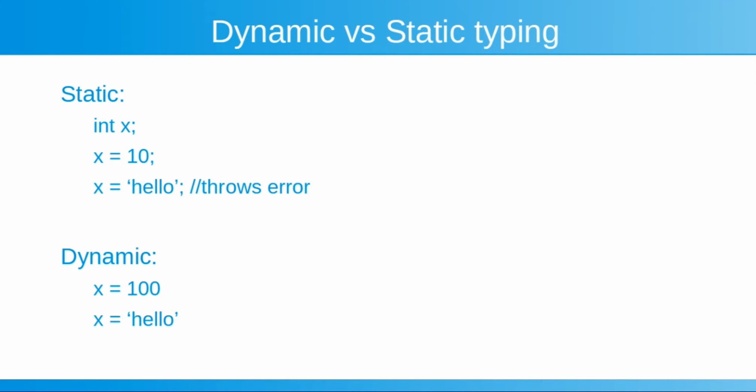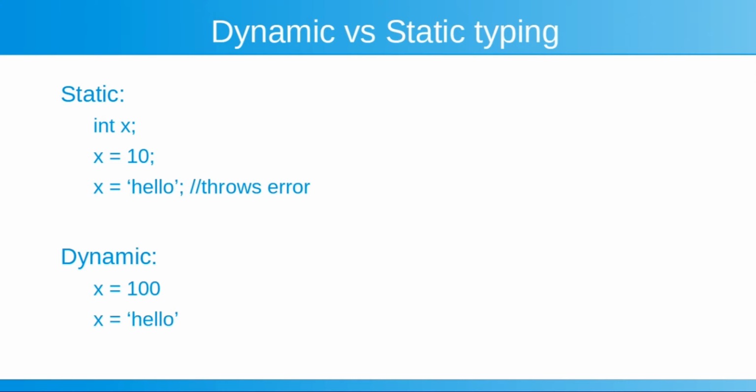But in a dynamic language, we don't need to declare the variable, and we don't need to specify the data type either. In the second part, the dynamic one, I'm just using the variable x equals 100. That means I'm just using the variable x and assigning an integer value, without declaring it or specifying the data type.